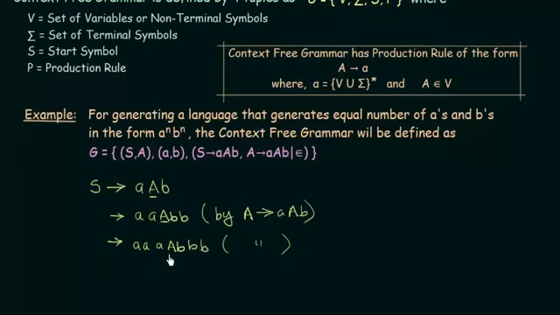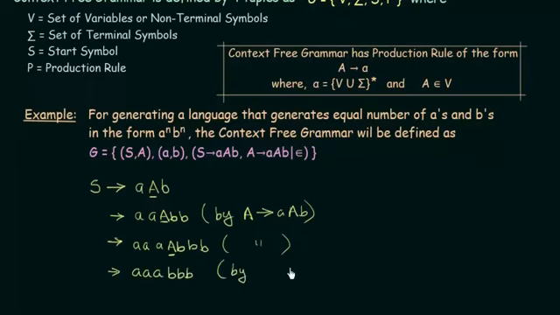Now I still have A, which is a non-terminal symbol here, and what I will do is replace this A with epsilon, the empty symbol, because the production rule says A gives aAb, and also it can give epsilon. So instead of A I will put epsilon, which means the empty symbol, so I can just leave it blank, and then these three b's remain.